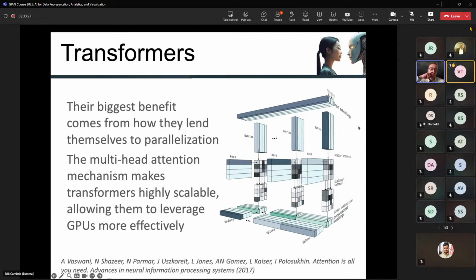But most importantly, what's more interesting that will happen in the future is also how to fuse together different architectures that do different things.